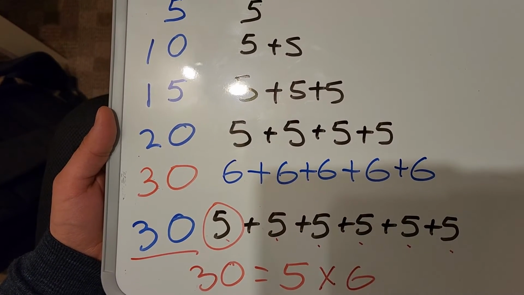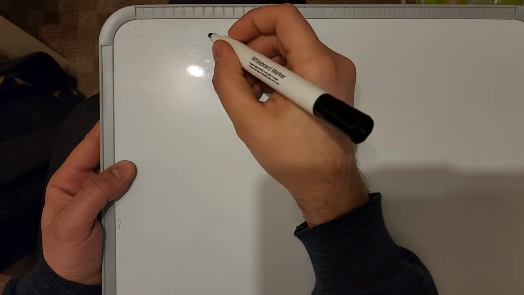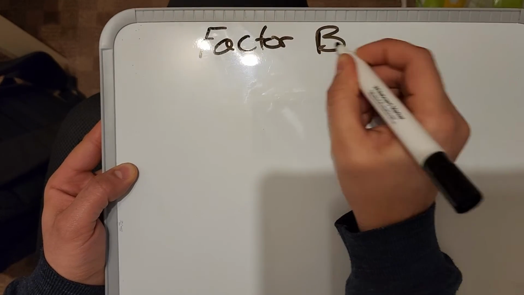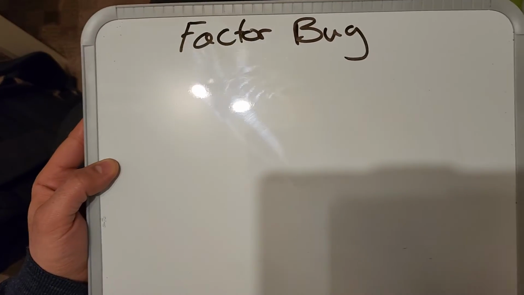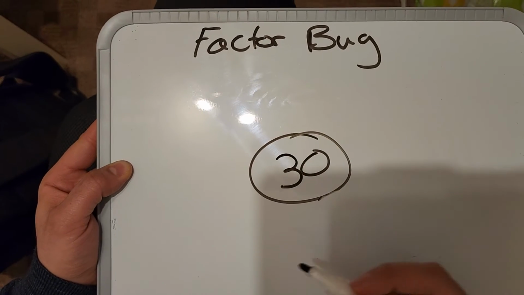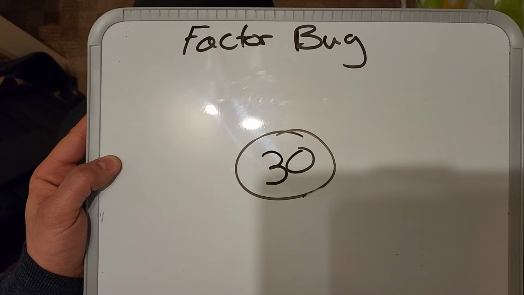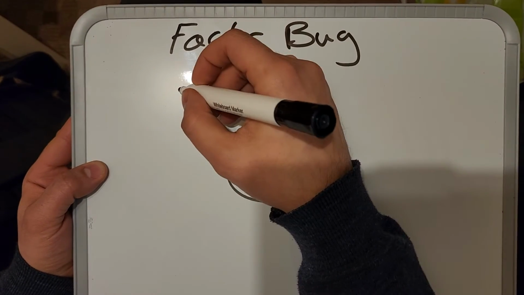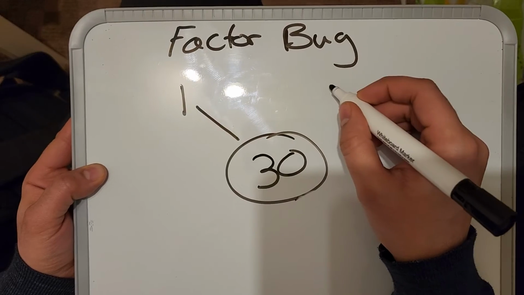Let's go ahead and look at some more factors of 30. To help me keep track of this, I've decided to use something really easy, something called a factor bug. The premise behind it is we put the number in the middle, trying to find the factors of 30. Obviously every single number has a factor of 1 and itself.